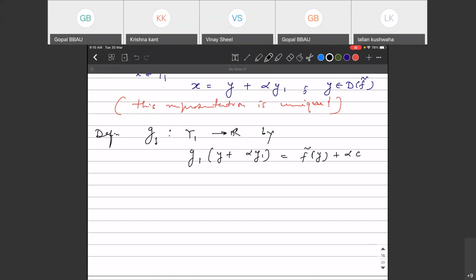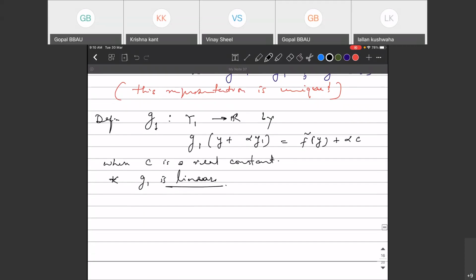So it's easy to see that g1 is linear. For this you have to prove that g1 of x1 plus x2 is g1 x1 plus g1 x2.